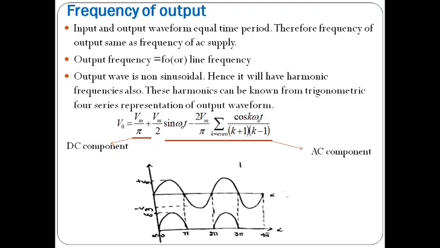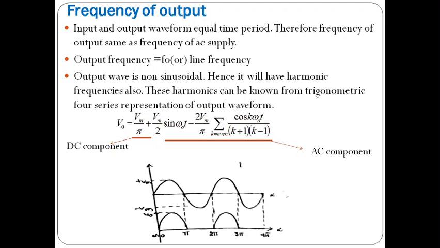Yes, these AC components have the fundamental frequency, which is whatever we applied, omega naught, along with the even harmonics, 2 omega naught, 4 omega naught, 6 omega naught, 8 omega naught. So we say it is a pulsating DC. It has a DC component, Vm by pi.